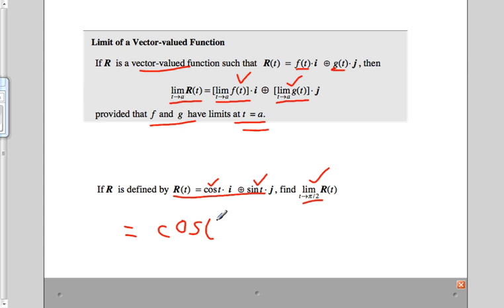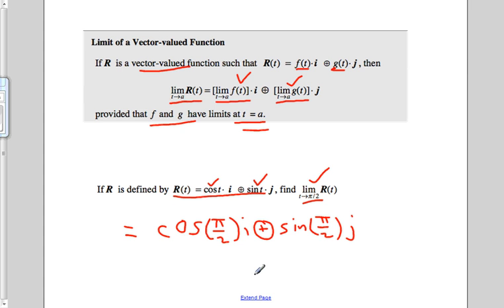So we're talking about cos of pi over 2 in the i direction plus sine of pi over 2 in the j direction. And this is just a reminder on limits that, as long as a function is continuous and defined over that interval, to evaluate the limit, you can just evaluate the function at that point.